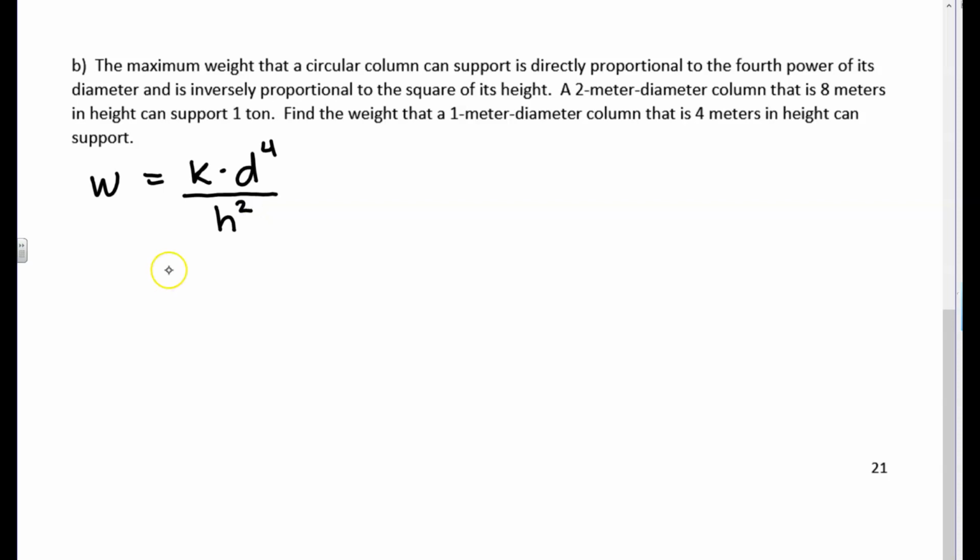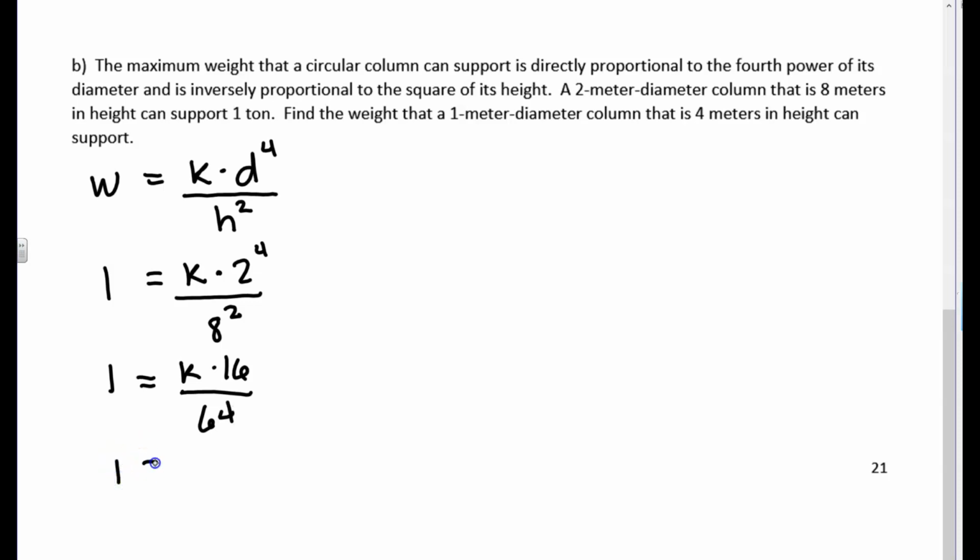Great. A 2-meter diameter column, so K times 2 to the fourth, that is 8 meters in height, can support 1 ton. We're going to use that now to find K. So I have 1 equals 2 to the fourth is 16 over 64, which actually reduces to be over 4. So it'd be K over 4, which means that 4 is the value of K. So that means that your equation is W equals 4 times diameter to the fourth power divided by height squared.